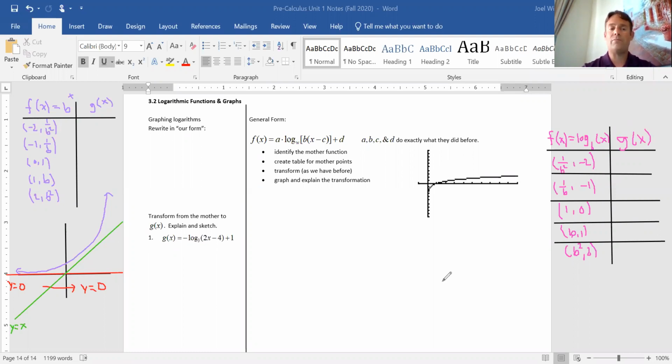Now, something to remember also about our log is if they're inverses, the horizontal asymptote of an exponent is going to flip, and instead it's going to become the vertical asymptote for a log. So that would be the equation x equals 0.